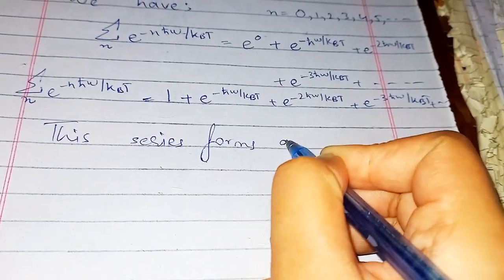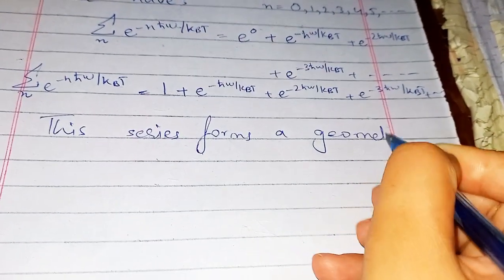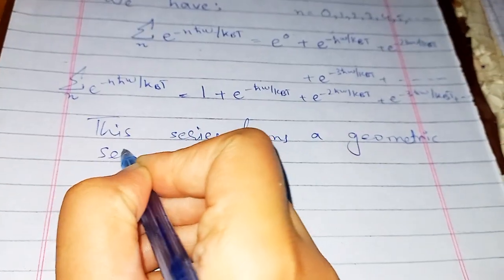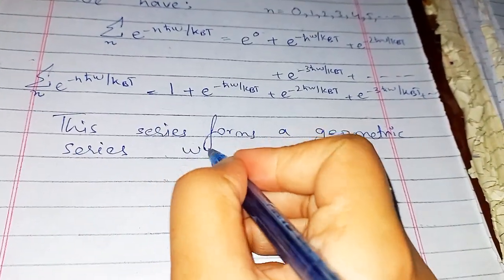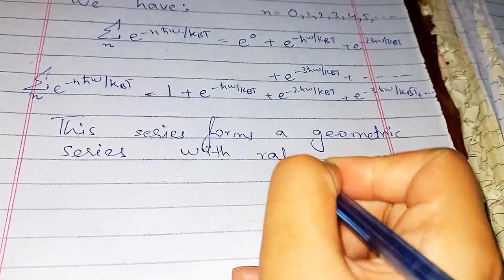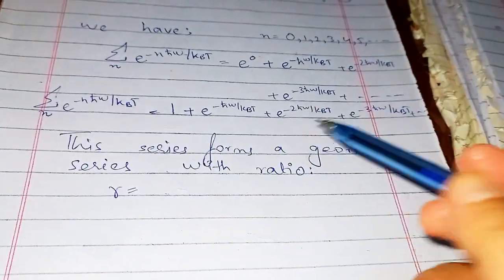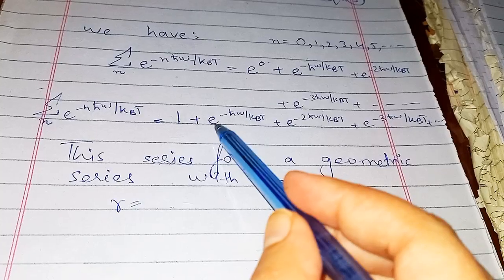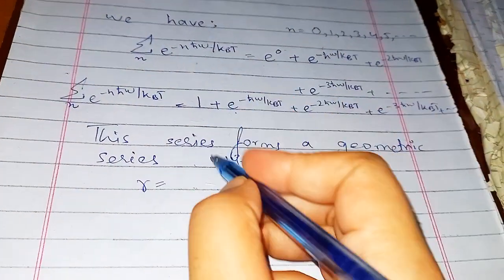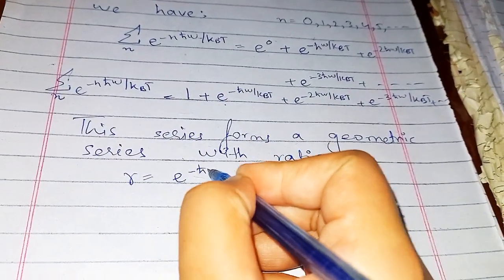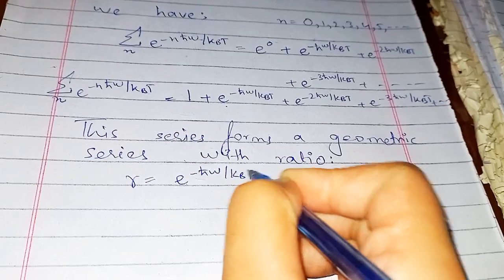This series forms a geometric series with a ratio. You have to calculate the ratio. So the ratio is found by dividing any two consecutive terms. I'm taking the second term and the first term, and I'll divide the second term by the first term.